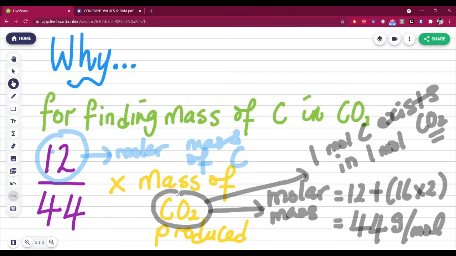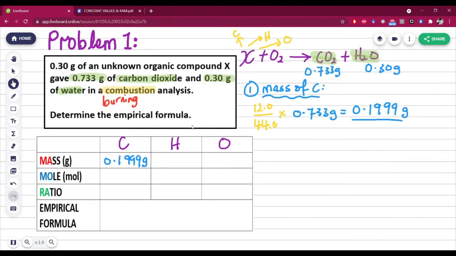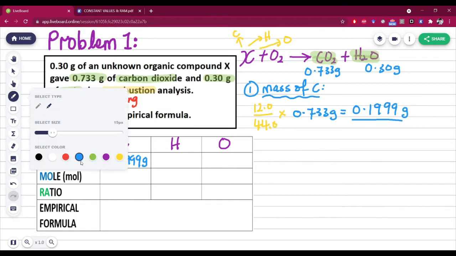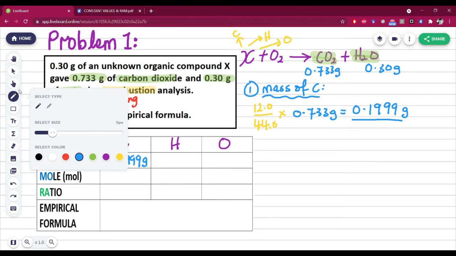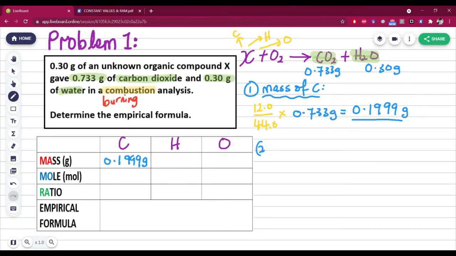Okay? And if you look here, back again, you have this. So we're going to do exactly the same with hydrogen. Okay, so step number 2, change that to 2. Step number 2, we're going to find the mass of hydrogen.